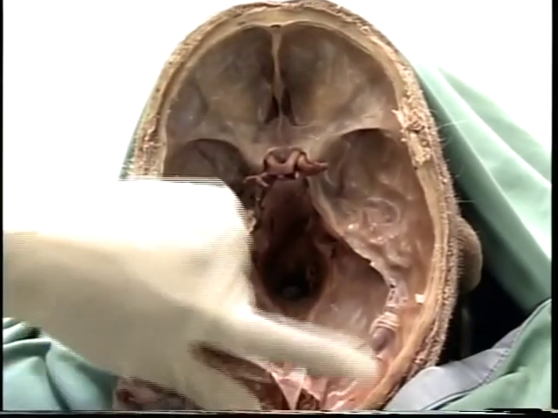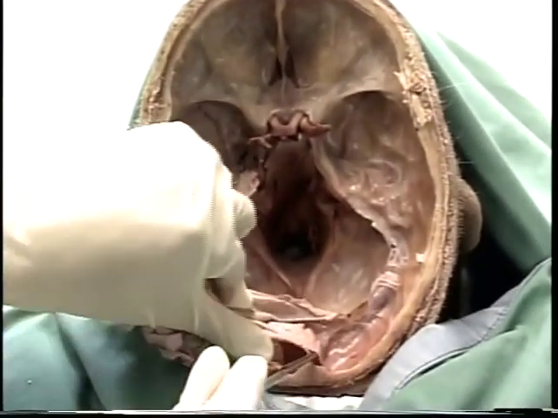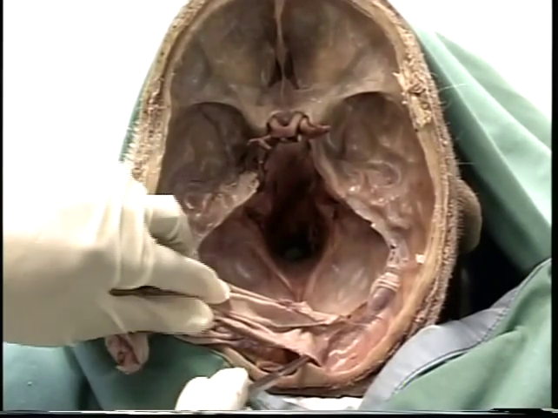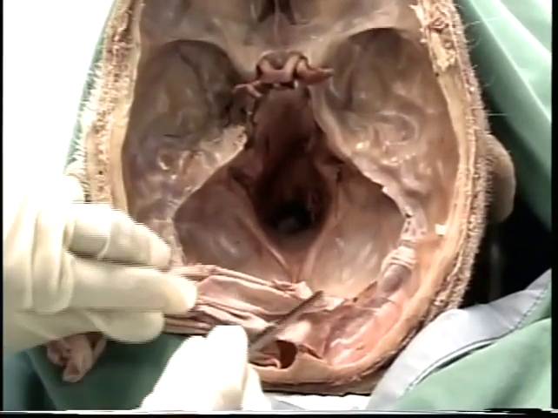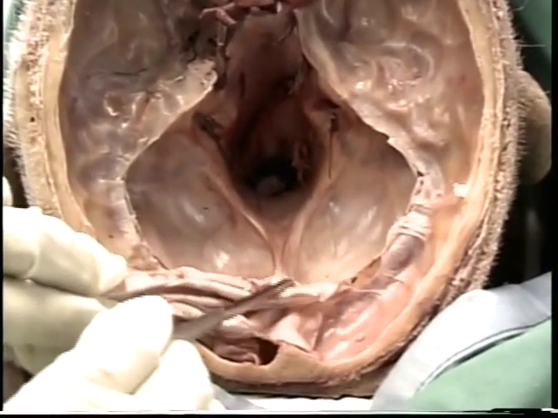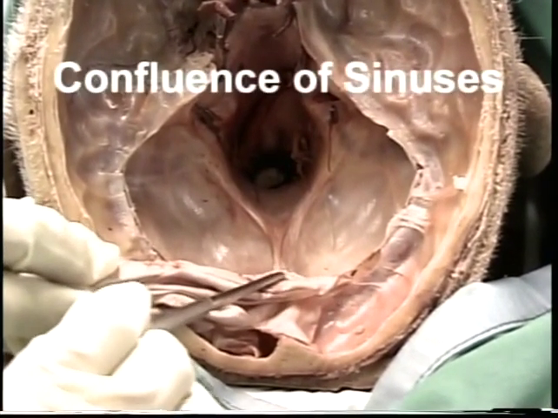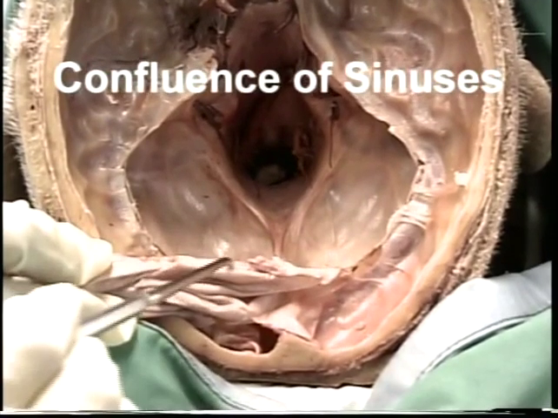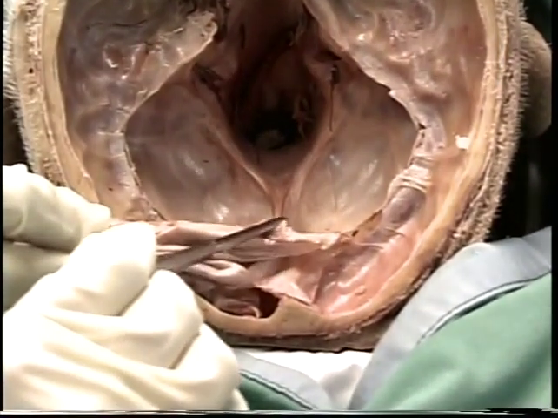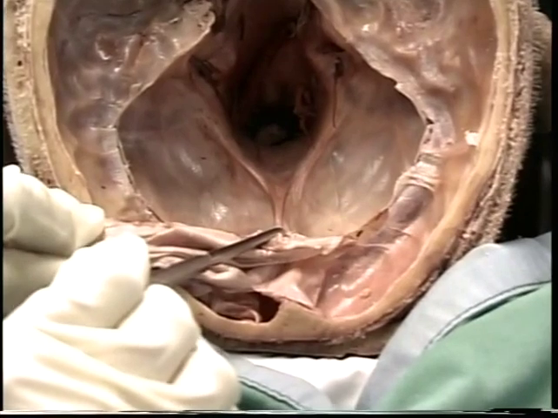There I have got my probe in the superior sagittal sinus, and this sinus comes into this position here, which is known as confluence of sinuses. Inferior sagittal sinus also will come and drain at this point.